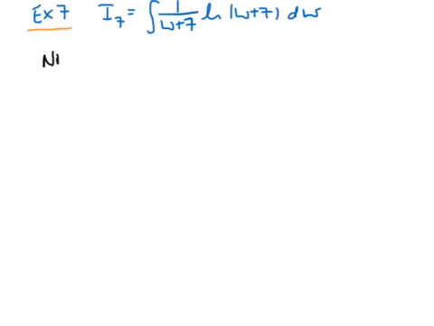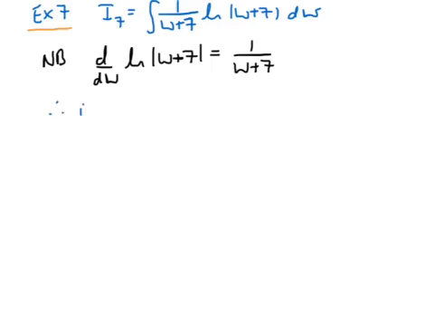So we note that d by dw of the logarithm of the modulus of w plus 7 is 1/(w plus 7). So this tells us that if we say u is the logarithm of w plus 7, that's going to be our new variable, then this factor of 1 over w plus 7 is du dw.